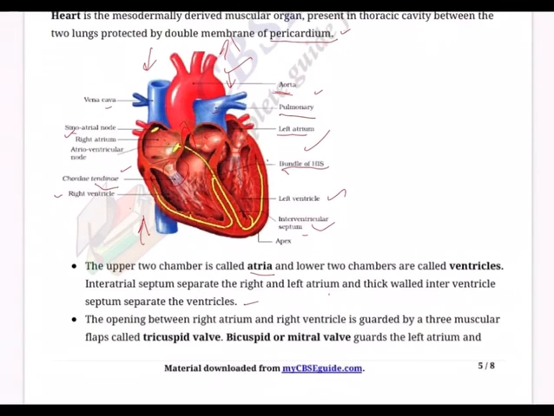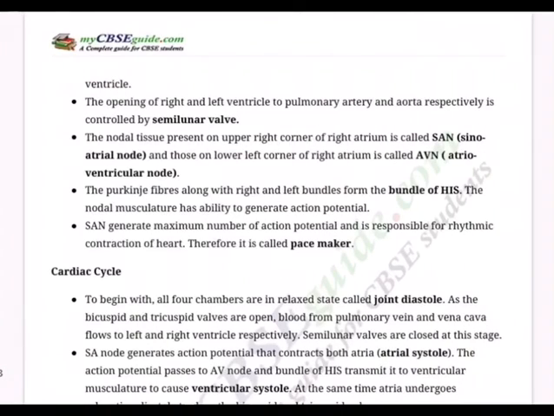The opening between the right auricle and right ventricle is guarded by three muscular flaps called the tricuspid valve, as I said just now. The bicuspid valve, or mitral valve, guards the left auricle and the left ventricle.